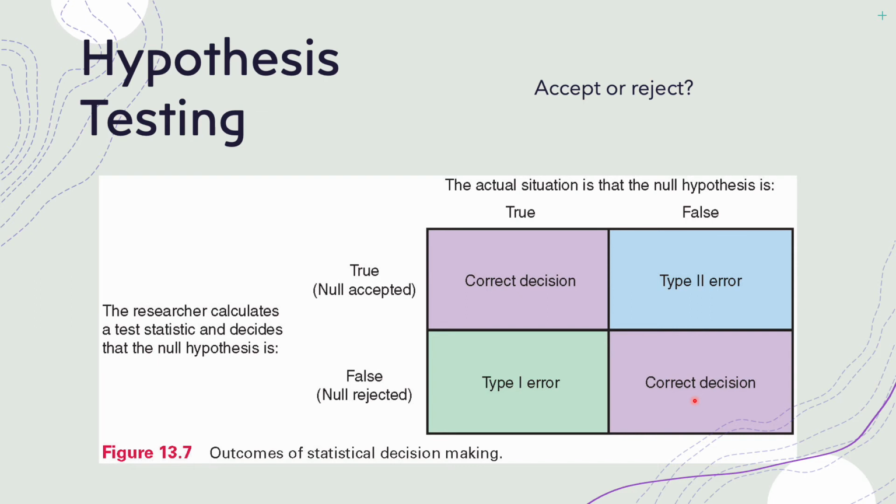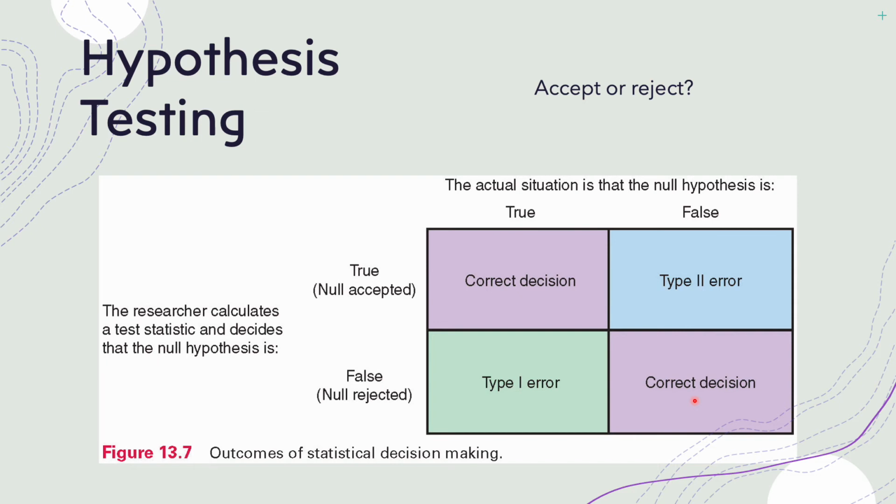This is going to be confusing. I would suggest when you're trying to figure this out, when you're reading an article, for a while, that you keep the table with you. The researcher calculates a test statistic and decides that the null hypothesis is either true or false.